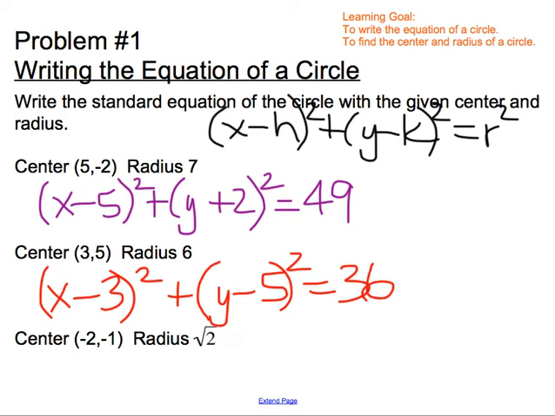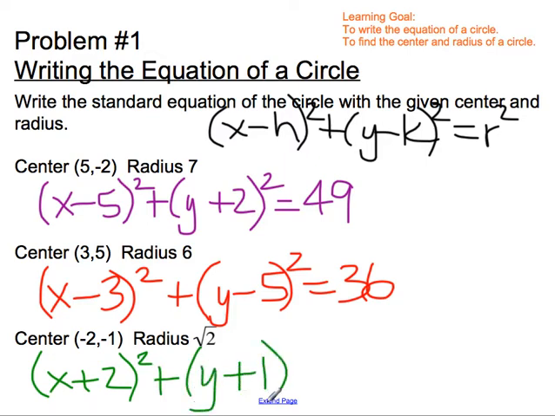And our final equation, we have x minus negative 2 squared plus y minus negative 1 squared equals the square root of 2 squared, and the square root of 2 squared is just 2.